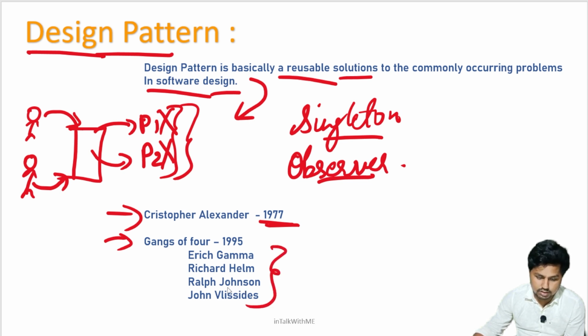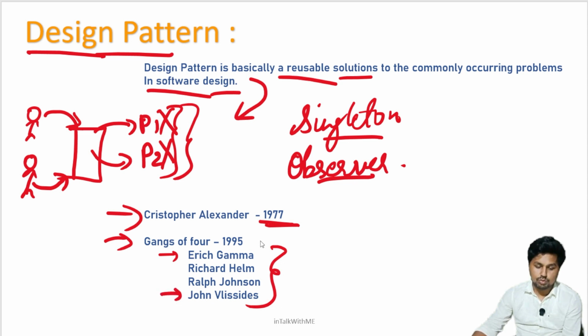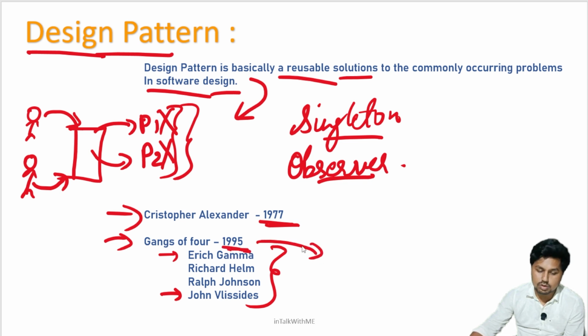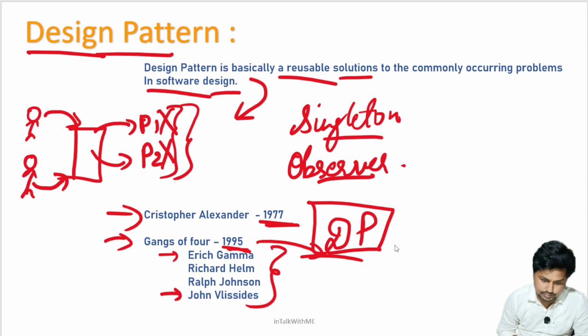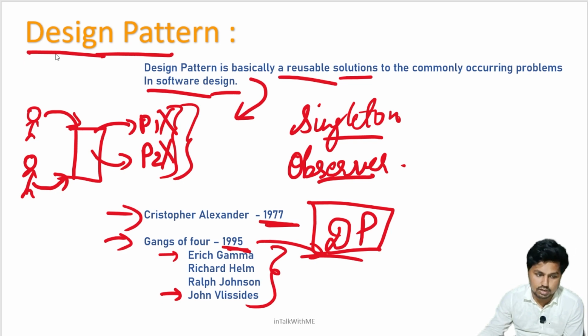Mainly these were Erich Gamma, Richard Helm, Ralph Johnson, and John Vlissides. In 1995 these people published a book where they discussed almost everything about design patterns and all the types of design patterns. So that was a brief intro about what design pattern is. I'm hoping you get a fair understanding, and things will be more clear once we learn more about these things.